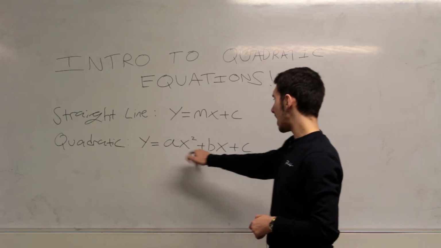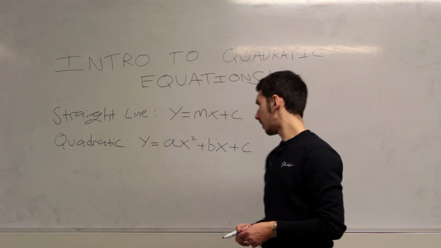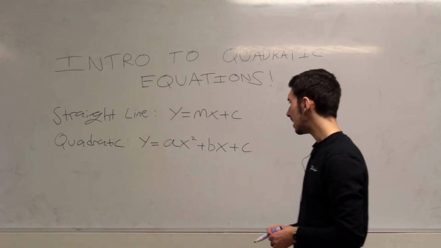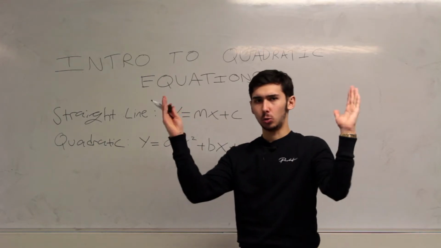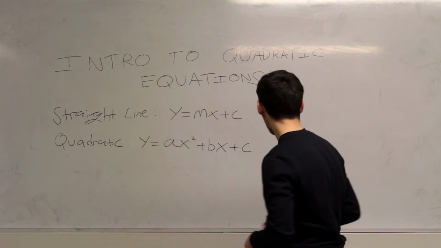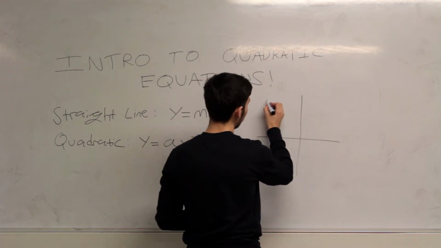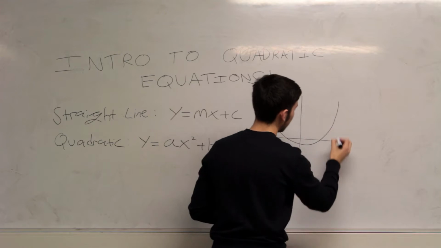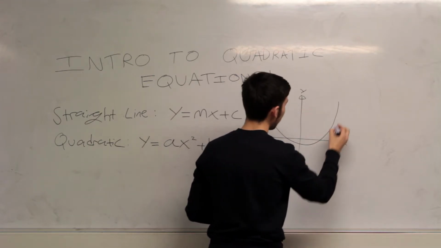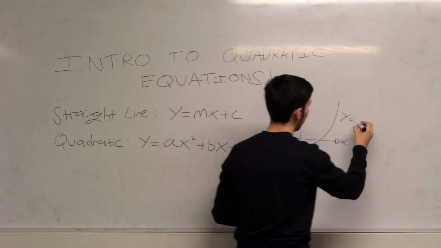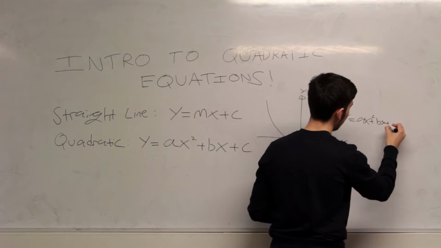In this, a, b and c are a little bit harder to visually grasp. They don't necessarily mean much. A normally contributes to how squashed our shape is, our parabola, which, by the way, is going to look a little something like this. This is the equation of ax squared plus bx plus c.